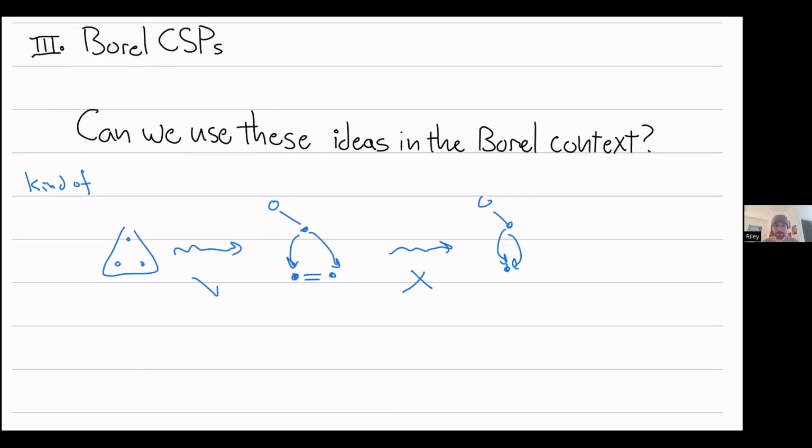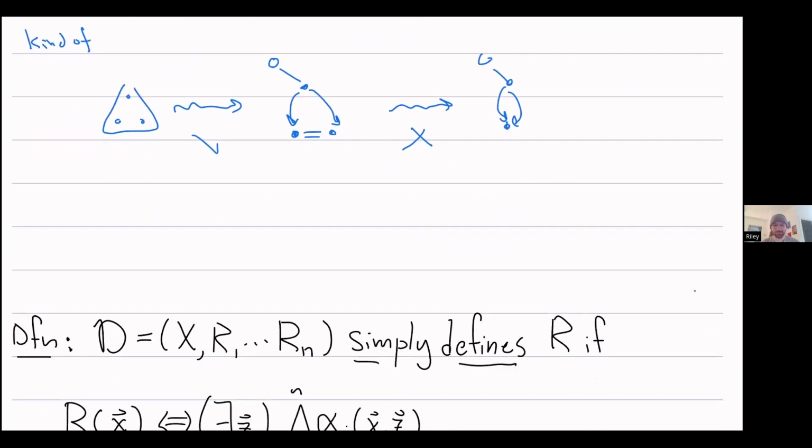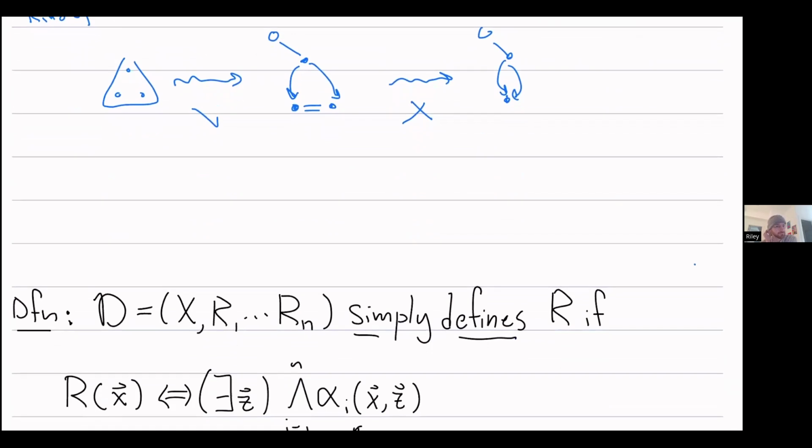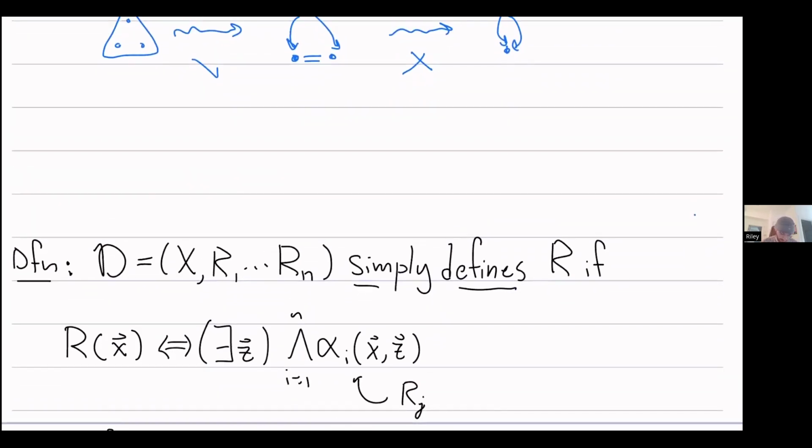So the other thing we can do is we can weaken our notion of reduction or definability. The simplest thing you can do, which I will call a simple definition, is the exact same as a PP definition, but you're not allowed to use equality.